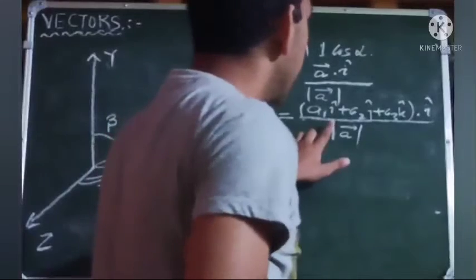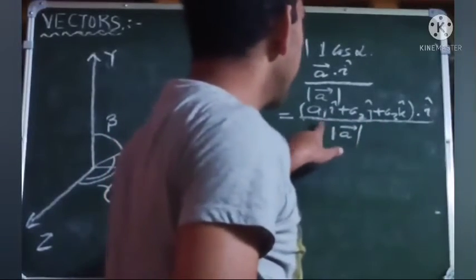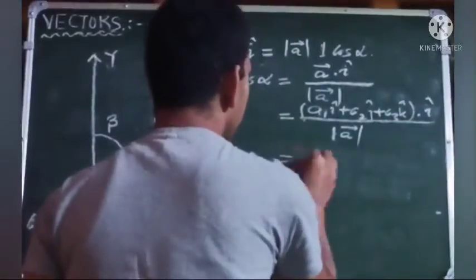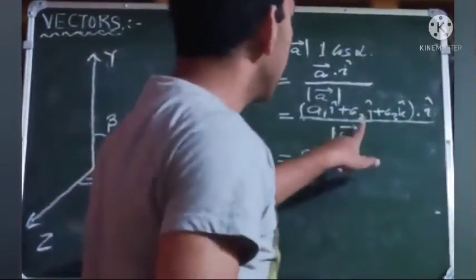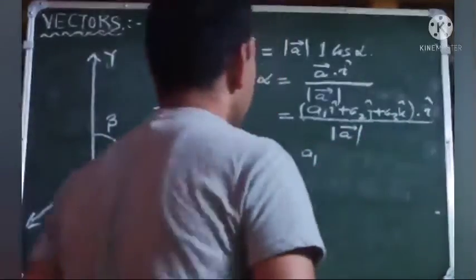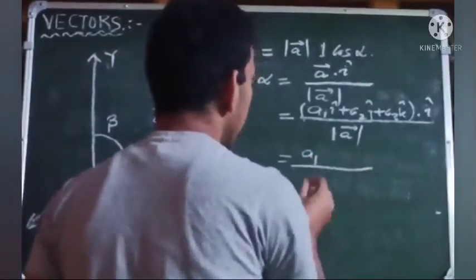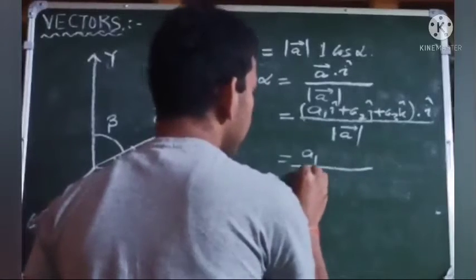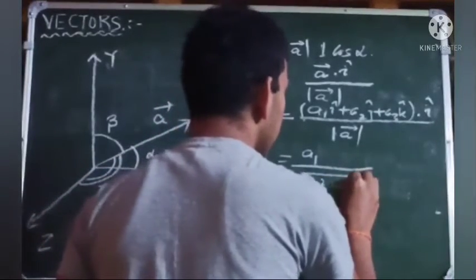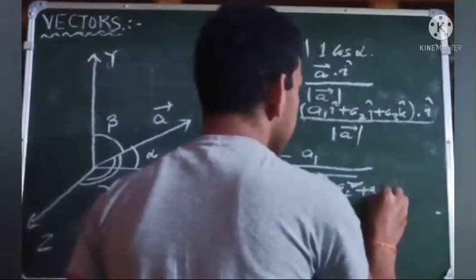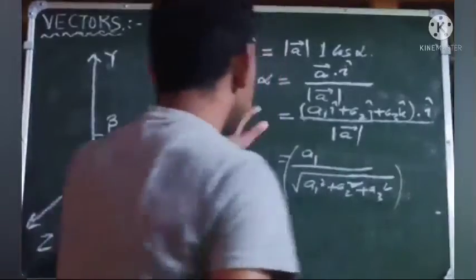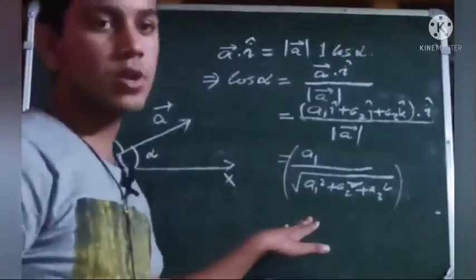Here the x components will get multiplied: a1 multiplied with the x component, which is 1, will be a1, a2 multiplied with the y component, which is 0, so plus 0 plus 0. Therefore we will get a1 upon magnitude of a vector, that is the square root of a1 square plus a2 square plus a3 square. This is cos alpha, so alpha is equal to cos inverse of this term.